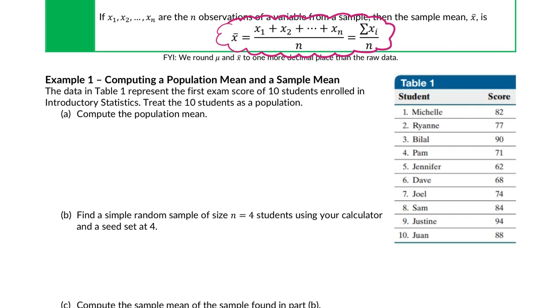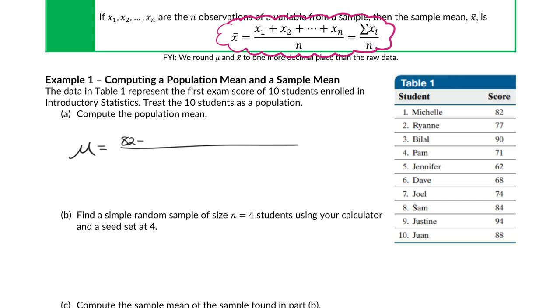So the data in Table 1 represents the first exam score of 10 students enrolled in introductory statistics. These are not your scores. These are fake people. Treat the 10 students as a population, and we want to compute the population mean. That means that we are doing mu equal to the sum of all of the scores. So yes, we're going to add them all up. And I know eventually you're just going to type those into a calculator, but because these are our notes and we are learning, let's show all of our work.